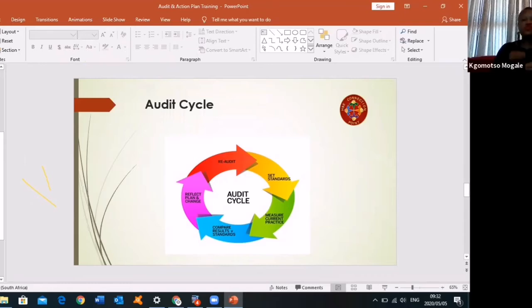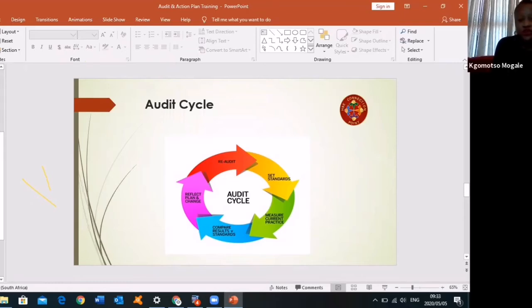Then we can go back and see what we can rectify, what we can change if there need to be changes, what we can add, and also if there are any gaps in the system, then we need to close those gaps. That we can only do if we are continuing to measure ourselves. So we compare with the standards that we have set.